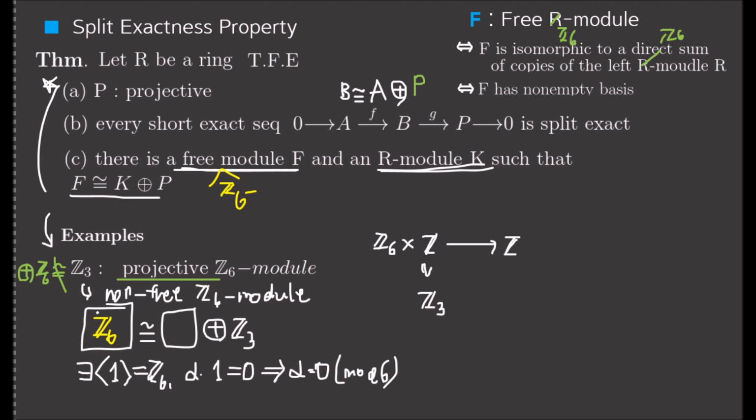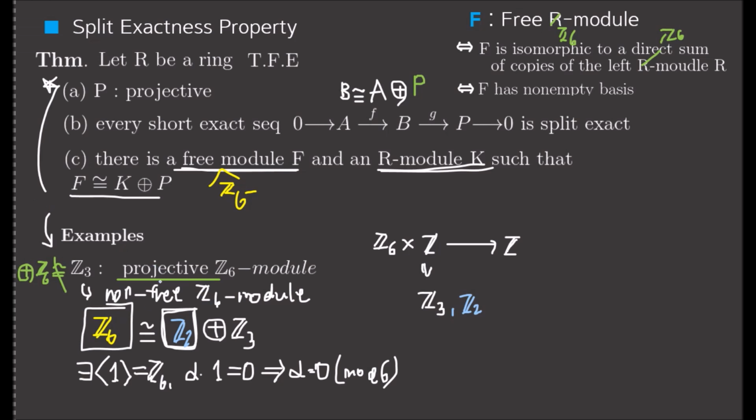So G6 itself is a free G6 module. Okay, we find a free module, and then this blank is naturally G2. G2 is clearly a submodule of G6. G2 is a G6 submodule, so anyway, G2 is a G6 module.